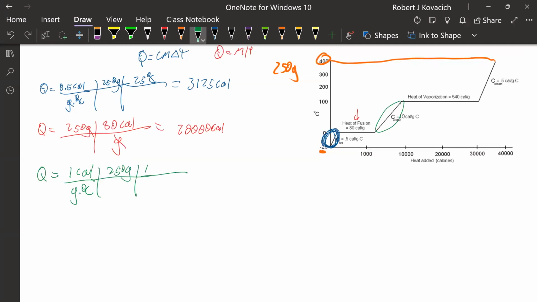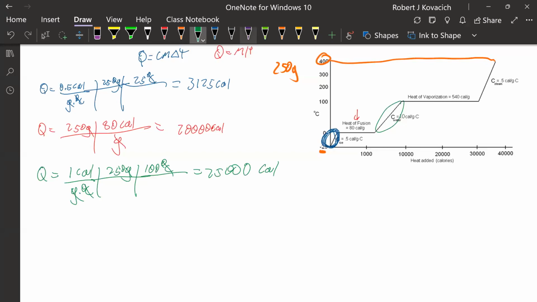And then this is 100 degrees Celsius, because we're going from 0 up to 100. The degrees C and the grams cancel out, and we've got calories here. So, well, that should be easy. So 25,000 calories to get the water to go from 0 all the way up to boiling.